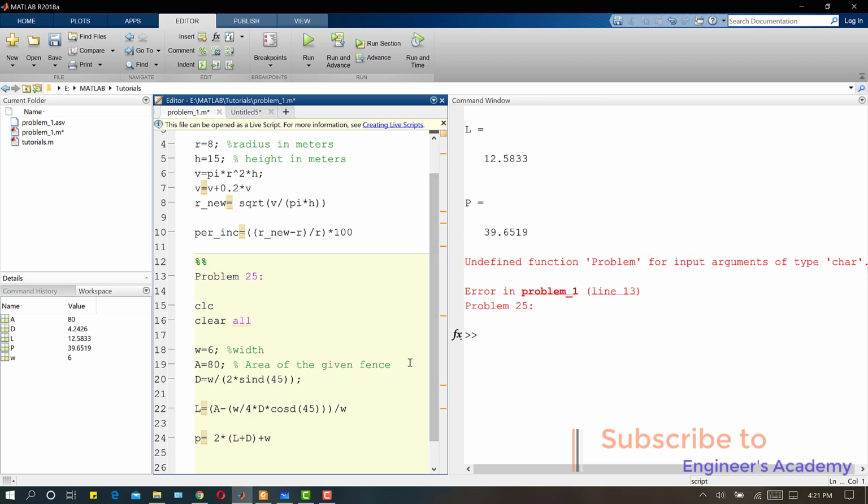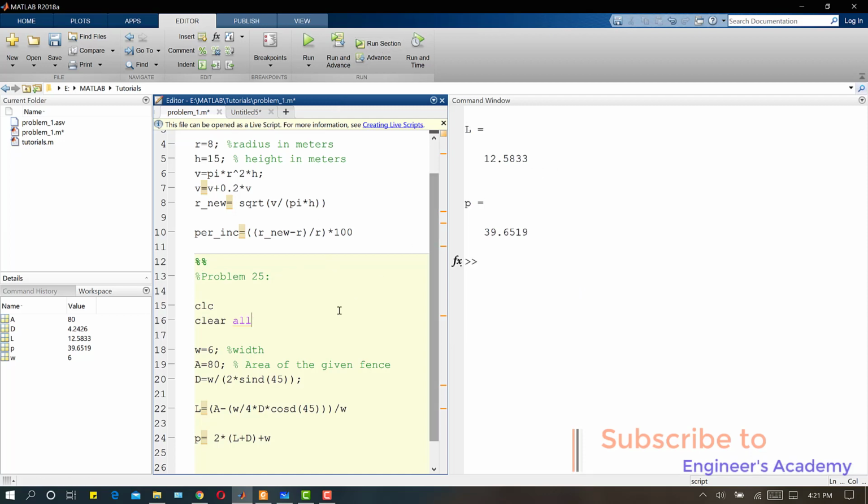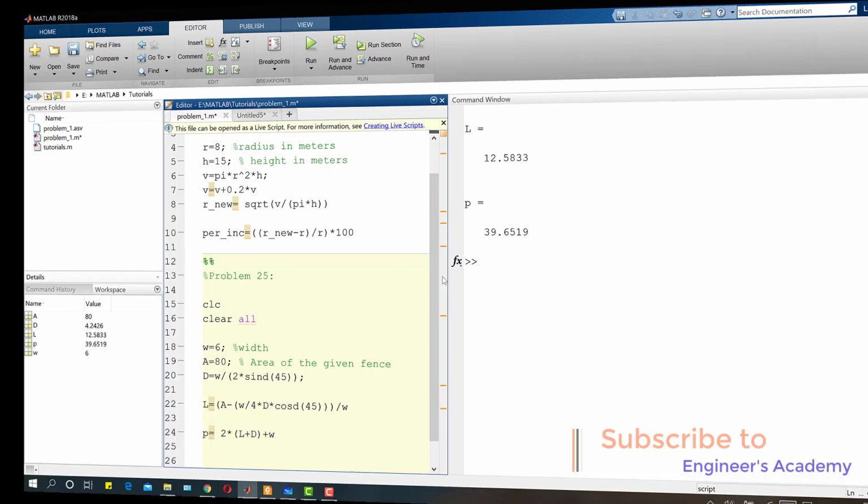So line 13 has, okay, we have written this problem 25, but we haven't converted this into a comment. So I will convert it into a comment, and now I will run this section again. So now for this problem, when the width is 6 meters and area is 80 square meters, the length is 12.5833 meters and the perimeter of the fence will be 39.65.